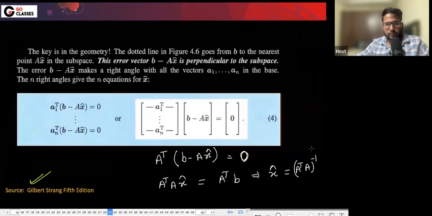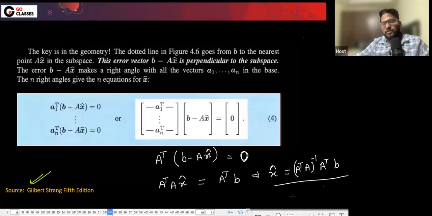into A transpose B. This is how you can find out the X cap. This is a little complicated, but eventually you will understand that. So, what is our final aim? Our final aim is to find out the P, right?